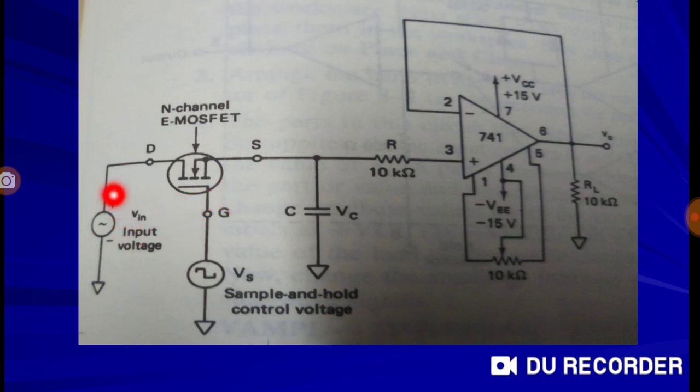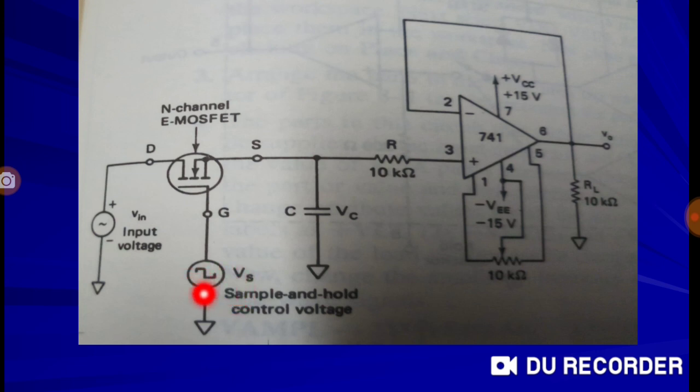So any signal that is appearing across the drain is passed through to the source, and this charges the capacitor C over here. Whatever the voltage is at the input will be appearing across the capacitor. Now, this is for the positive half, that is during the positive cycle of the control voltage.